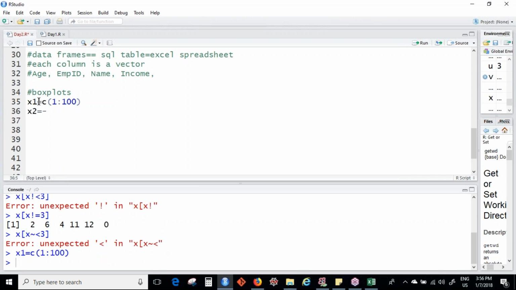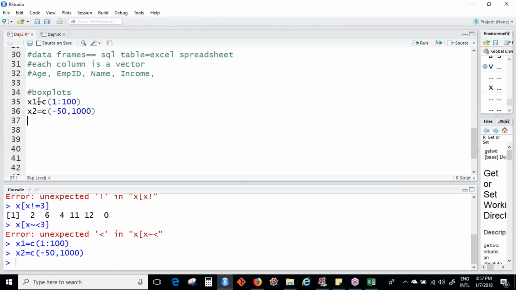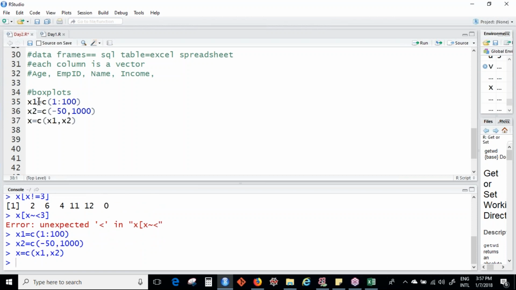Let's say I'll give minus 50, which is like an outlier, and I'll give 1000. Then I will create x, which is nothing but the combination of x1 and x2. So my x will have everything which x1 and x2 has, and then I will plot a box plot for this.